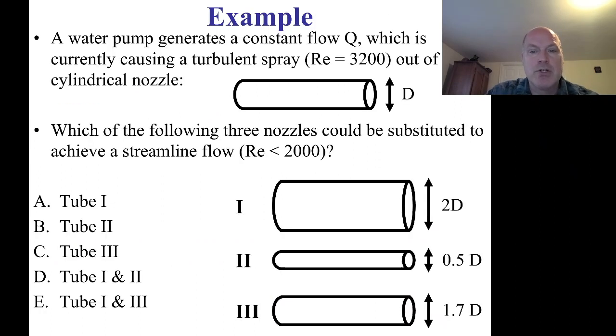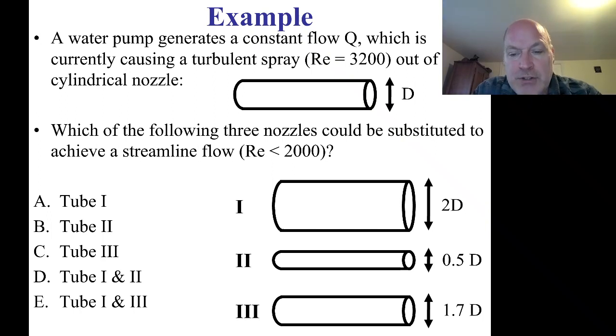Okay, so let's do an example. And this is an interesting example. A water pump generates a constant flow, Q, which is currently causing a turbulent spray with a Reynolds number of 32,000 out of the cylindrical nozzle. Which of the following three nozzles could be substituted to achieve a streamlined flow with a Reynolds number less than 2,000?